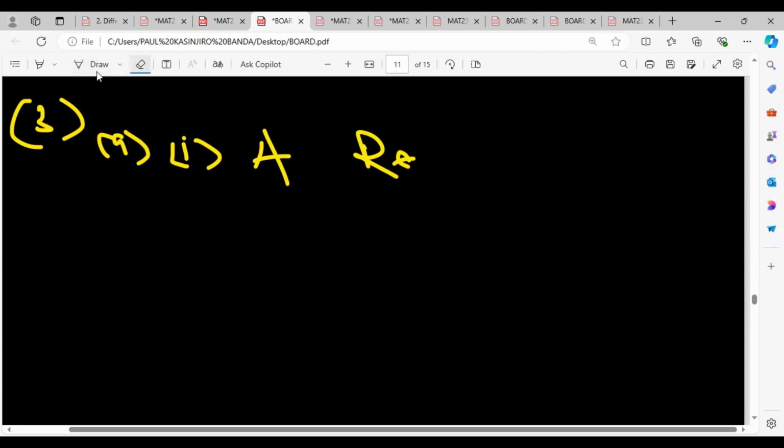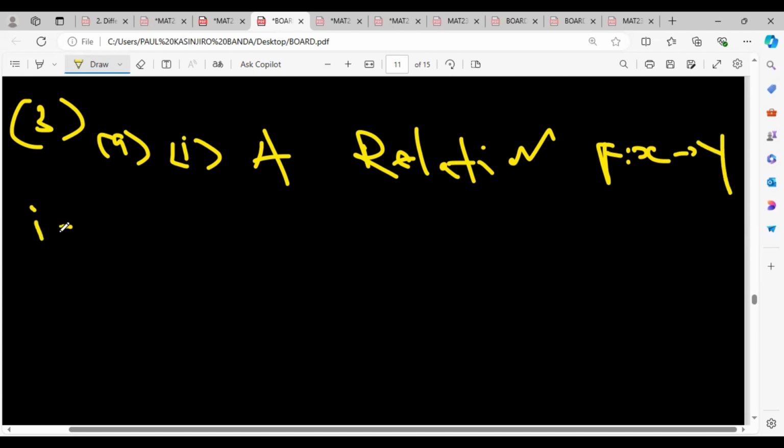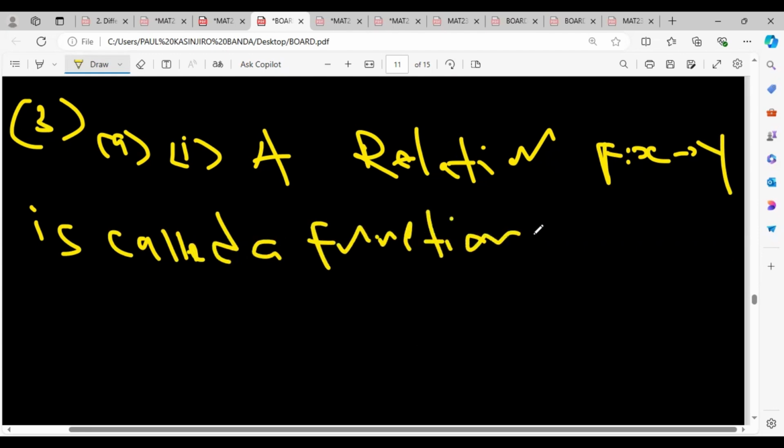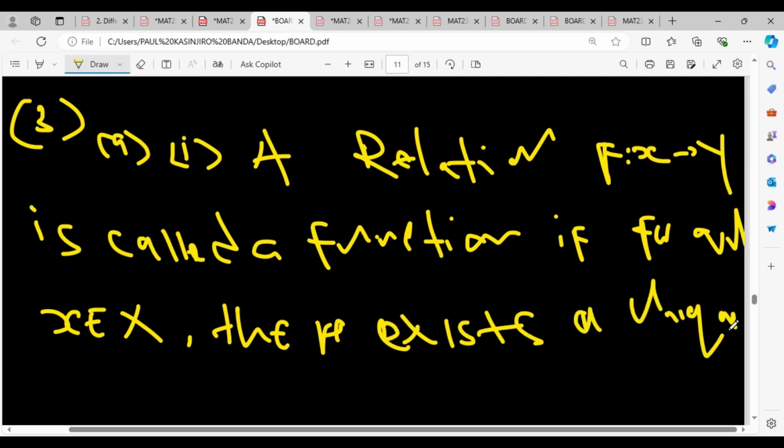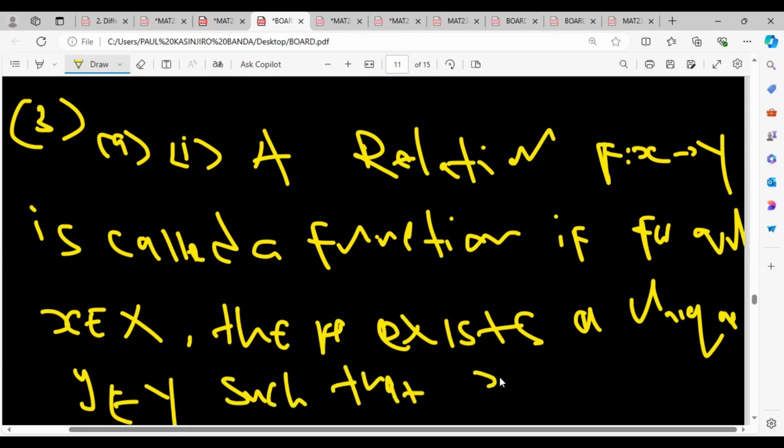We can say a relation F that maps X to Y is said to be a function, or is called a function, if for all values of X in the set X, there exists a unique, very important to state that it's unique, Y in Y such that X comma Y is a member of that relation F.